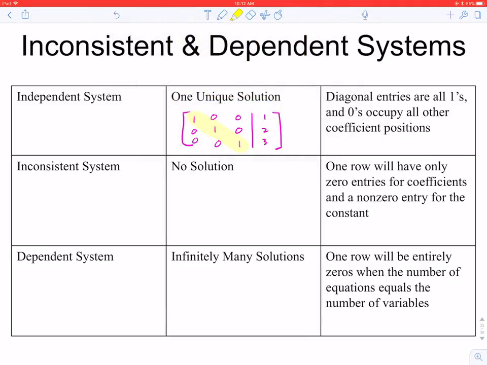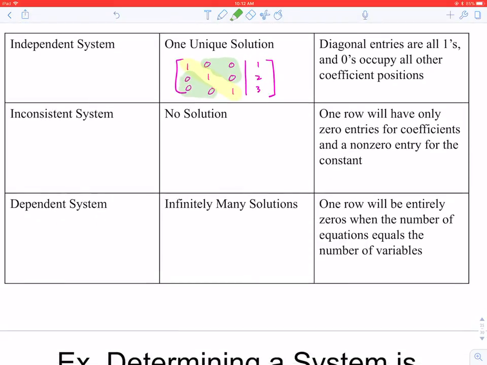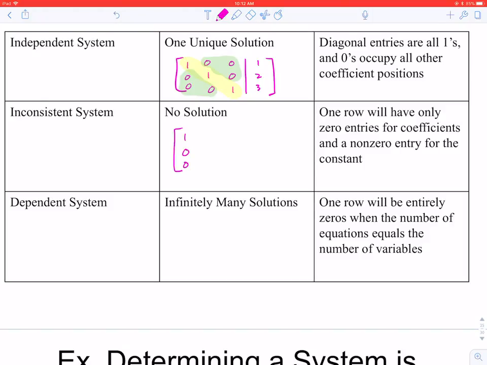Okay, so if you're able to get the diagonal all 1s, and all of the other elements to be 0, that's a unique solution. Now you're going to have an inconsistent system if, when going to reduced row echelon form, you get 1, 0, 0, maybe 0, 1, 0, and then let's say for a 3 by 3, the last row is 0, 0, 0, and then we still have 1, 2, 3 over here.